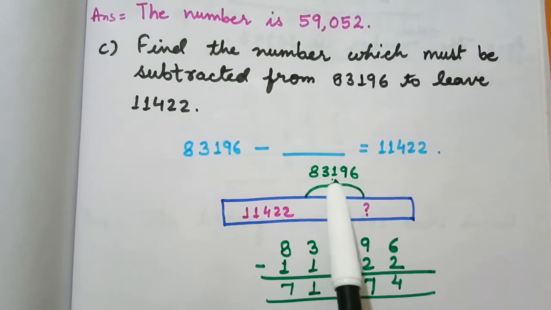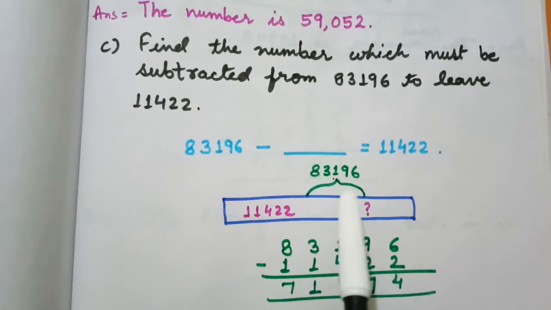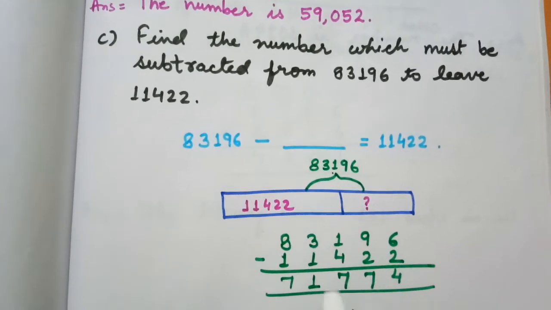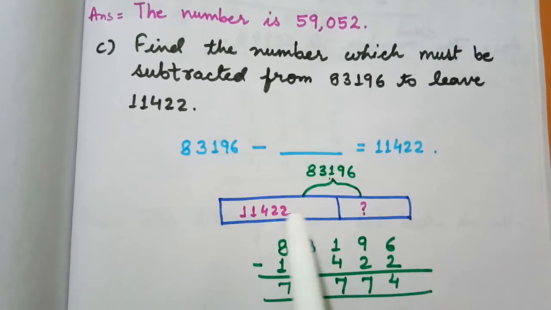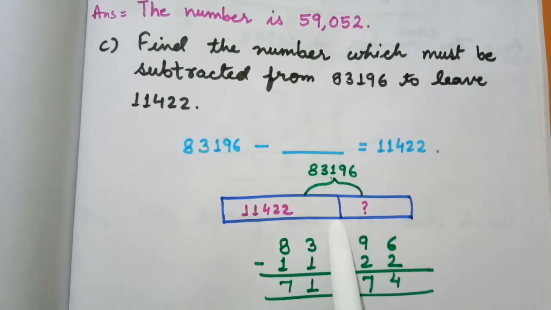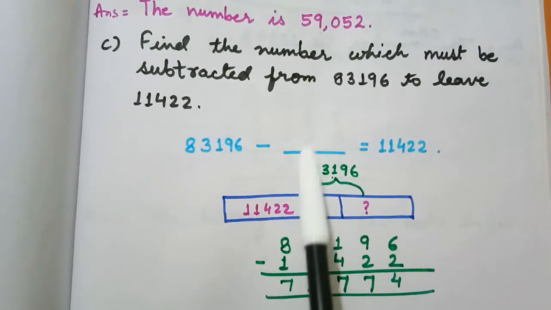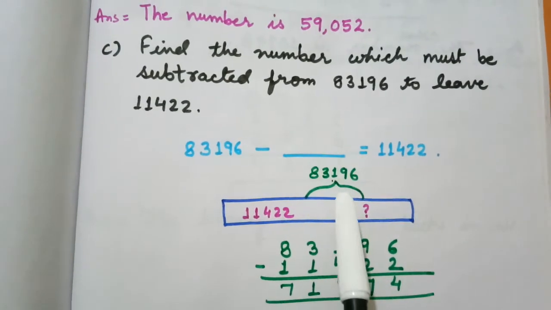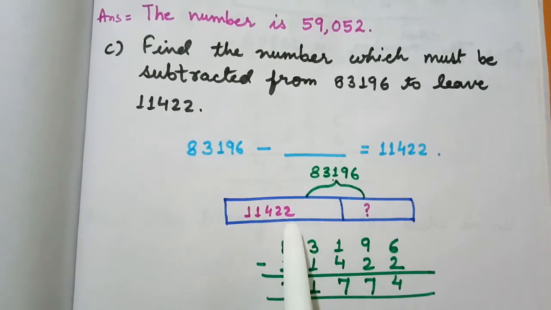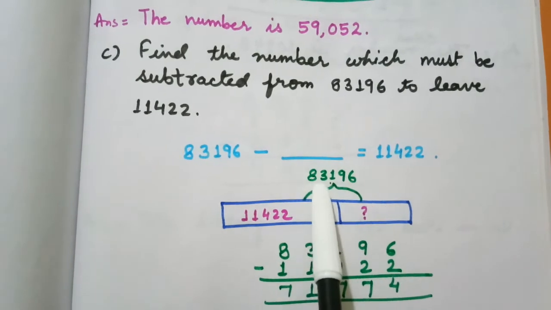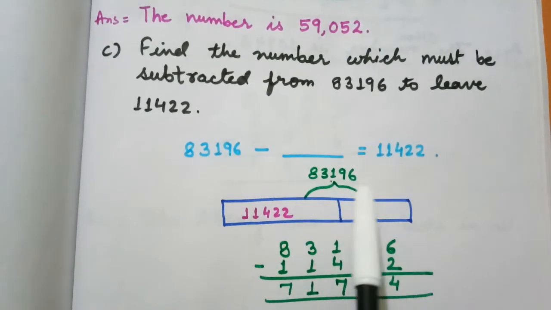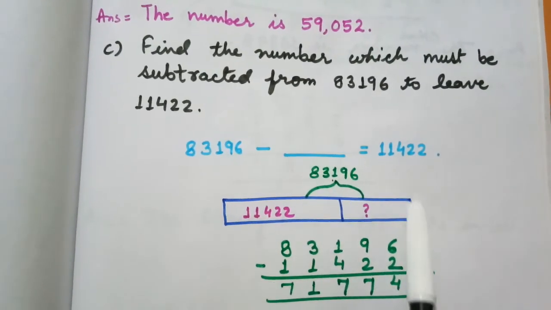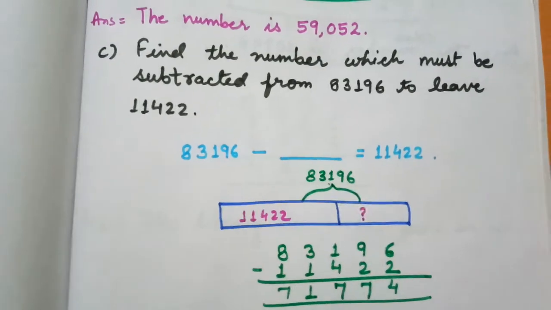Now 83,196 will be at the top. That means we have to subtract, because these two boxes together will form 83,196. When we subtract 11,422 from 83,196, then only we can get the value of the other box.